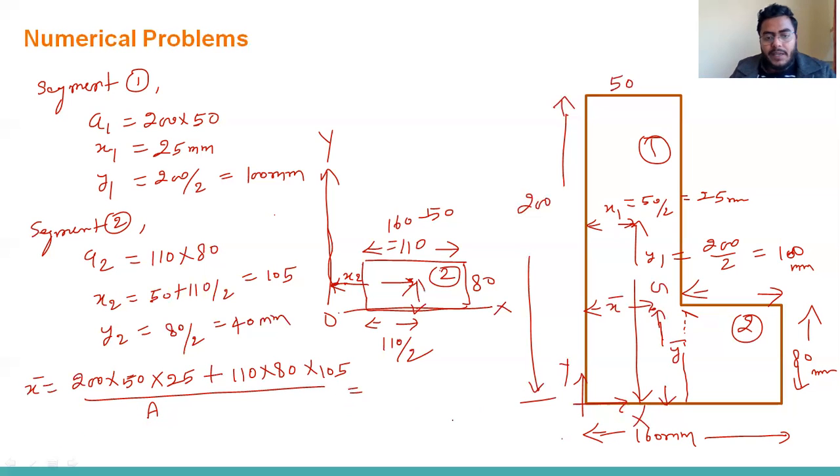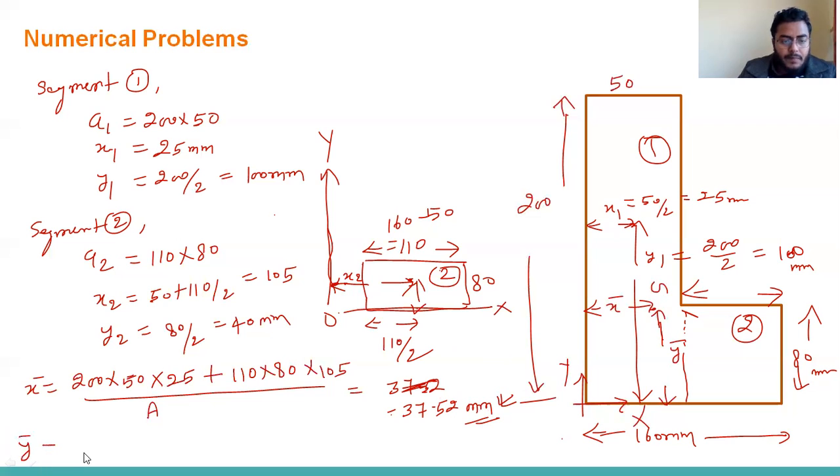So I've calculated, and I'm writing here x bar will come 37.52 mm. You can use the calculator and check if you are getting this value or not. I have calculated, so I'm writing directly.